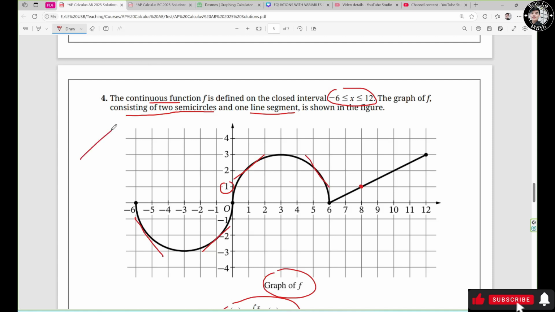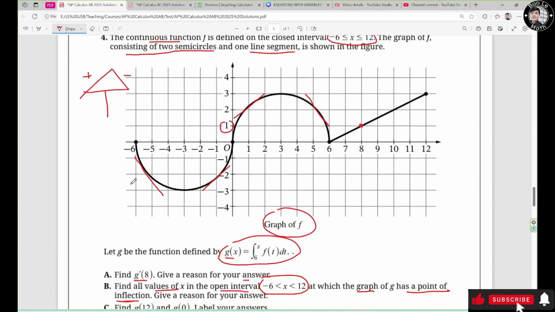And you use the Christmas tree trick. If the lines go in this way, slope is positive. Lines go in this way, slope is negative, right? So this one slope is negative, this one slope is positive, right? So it changes sign at s equals -3 right here. And the second one is going to be 3 right here, because this is positive and this is negative.